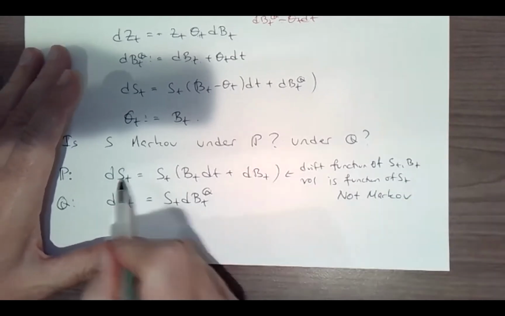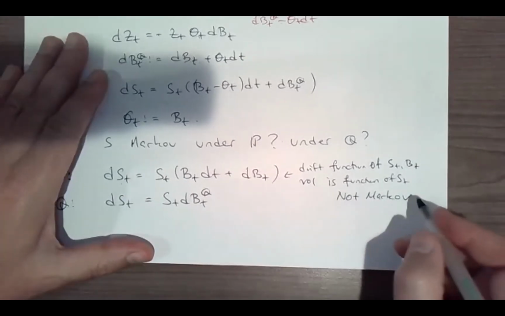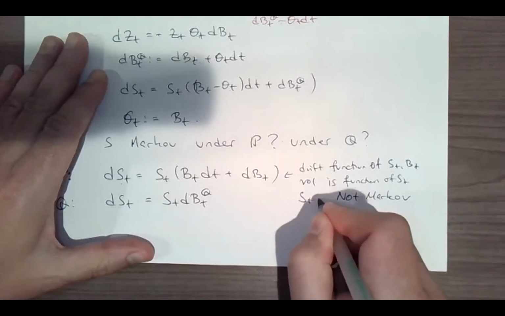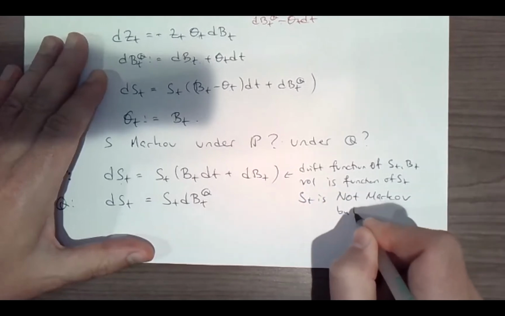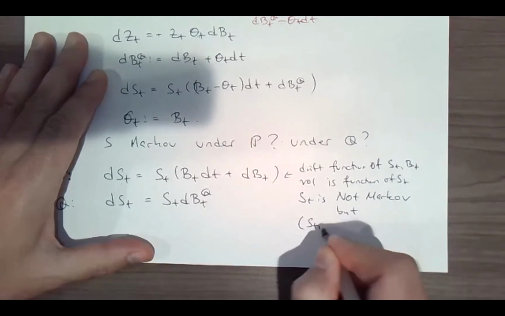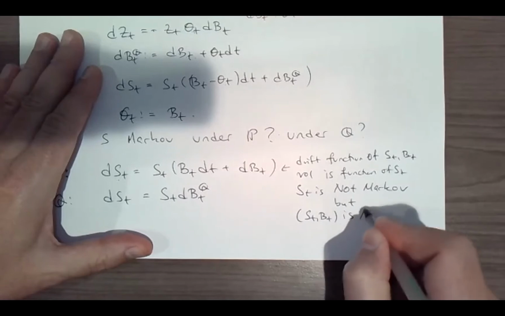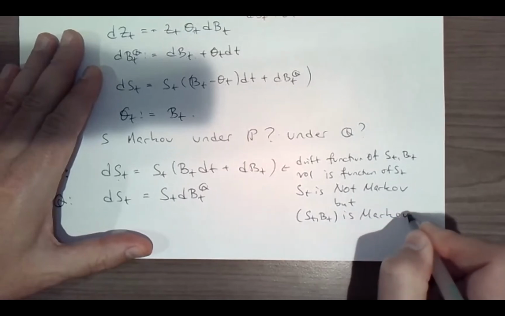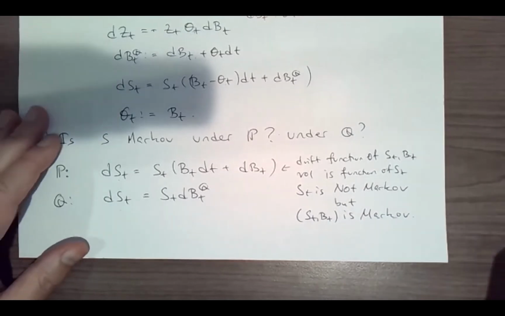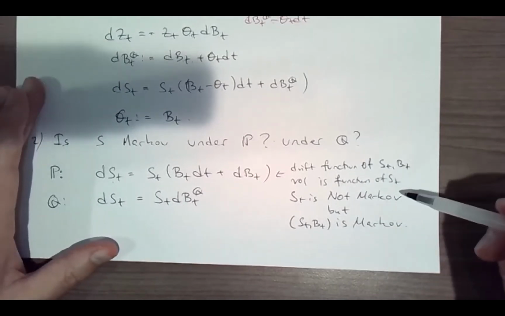If you want S to be Markovian, you need more processes. S_t is not Markov, but if I included B here, if I looked at the pair, then this is Markov. We have not discussed a result like this one.